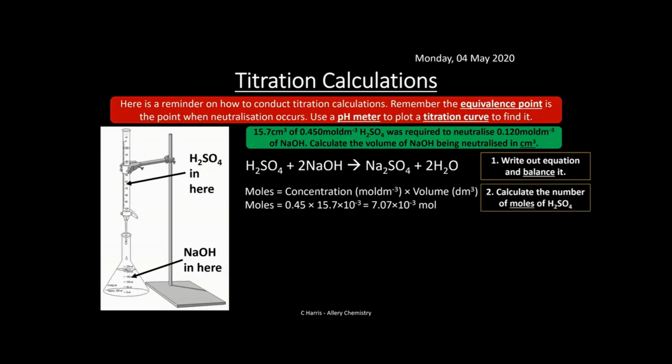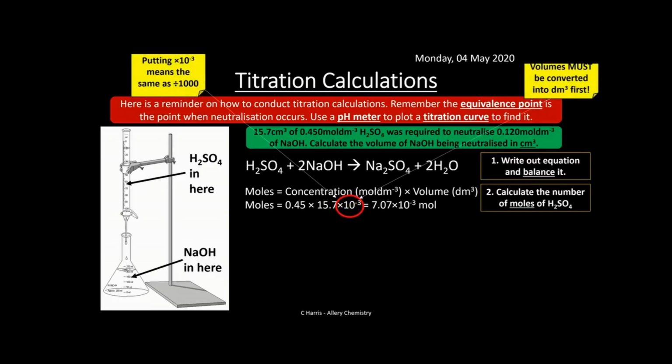Then we have to calculate the number of moles of sulfuric acid. Moles is concentration, in mol/dm³, times volume. So that's 0.45 times 15.7 times 10^-3. 0.45 is the concentration and the volume is 15.7, but I've added times 10^-3 because effectively you're dividing by 1,000, and that converts cm³ into dm³.